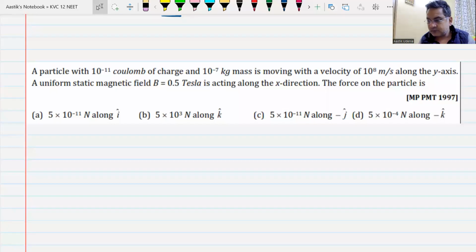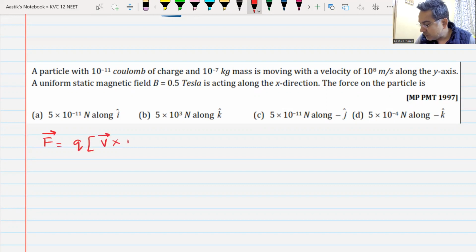So how are we supposed to do this? You can straight away apply the formula. F vector is Q V cross B in this particular case. Once you apply this formula, your F vector will become Q, which is a positive charge, 10 raised to the power minus 11.